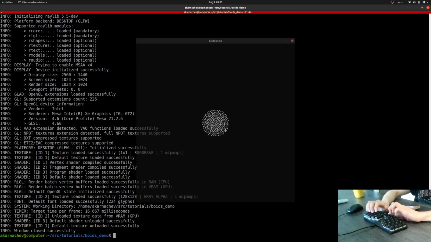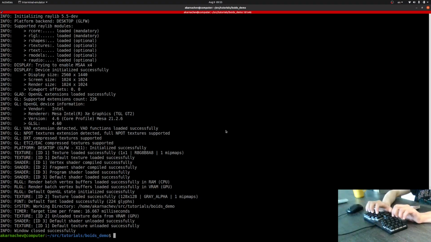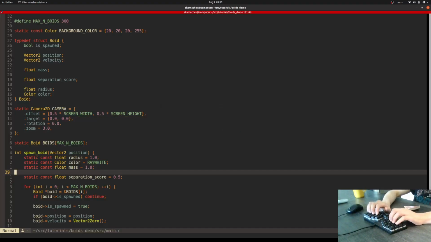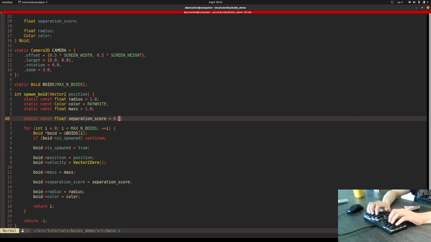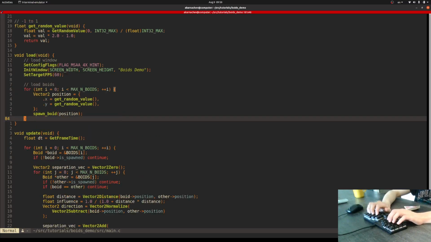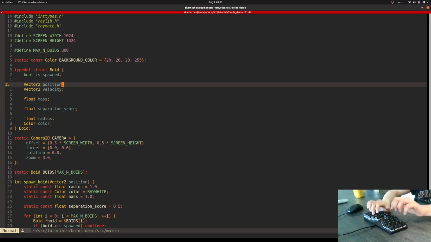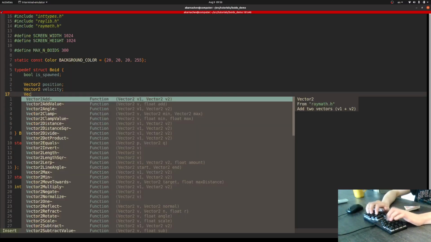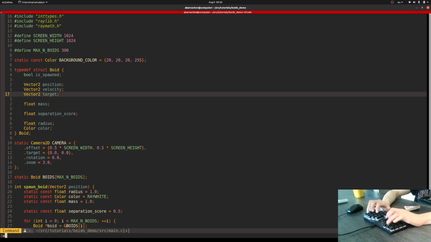I wanted to say, okay, let's introduce maybe some kind of separate or target force. Let's say each Boid has a target, vector 2 target. It's just a target in space to which the Boid is tending to go.